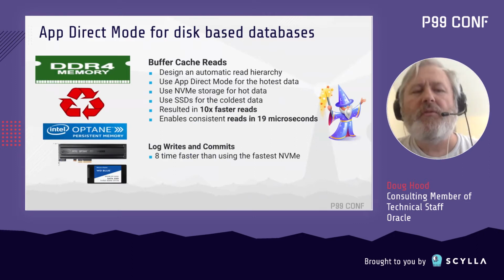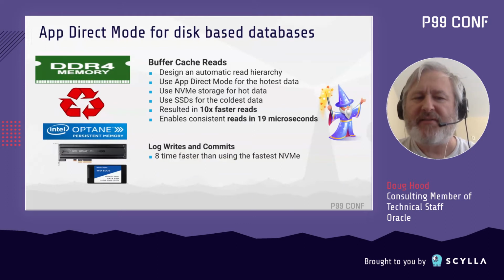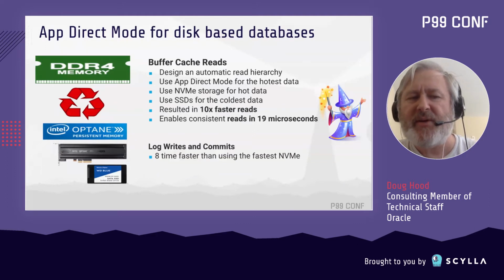So first of all, we'll look at using app direct mode for a disk-based database. Virtually all databases for the last 40 years have been designed the same. You've got spinning rust where your data is stored or persisted, and you load that data into your memory as needed.